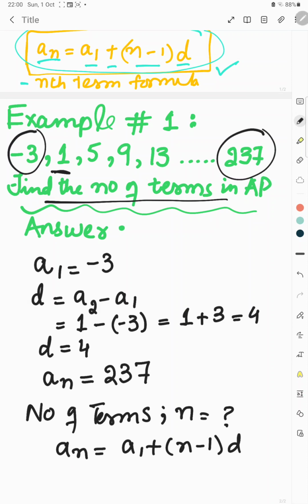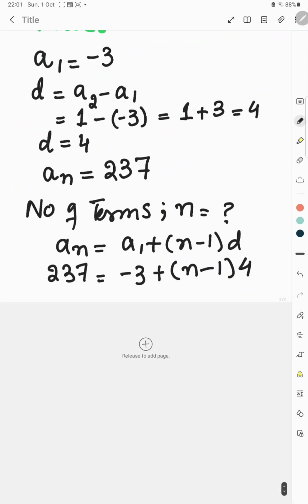So an is 237, a1 is -3, plus (n minus 1), as we have to find n, so n remains the same, and d is equal to 4.